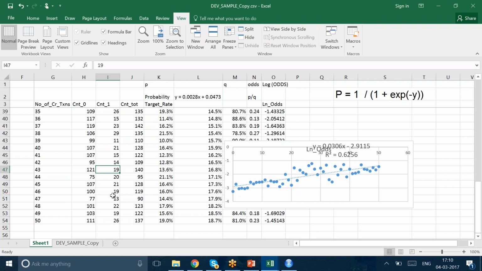Okay. This is equal to this plus this. And these probabilities are computed. Target rate is basically, ratio is already there. So let me now put something like this.